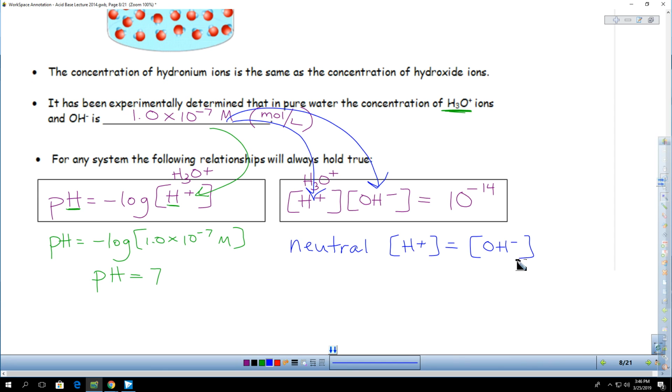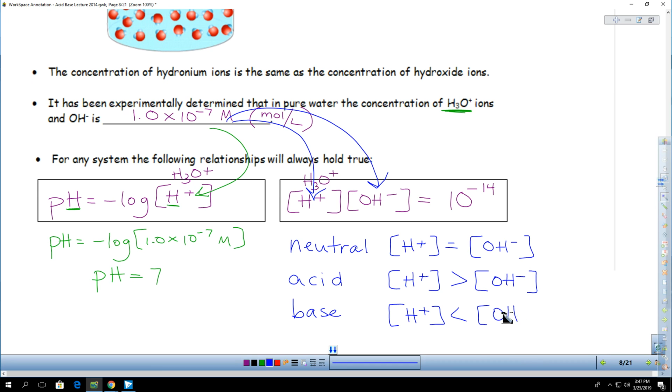If something is acidic, the tables will turn so that the concentration of hydrogen is greater than the concentration of hydroxide. Now, it might still be that there is some hydroxide there, but the hydrogen concentration will be much more significant. If the solution is a base, it flips again, so that now the hydrogen concentration will be less than the hydroxide.